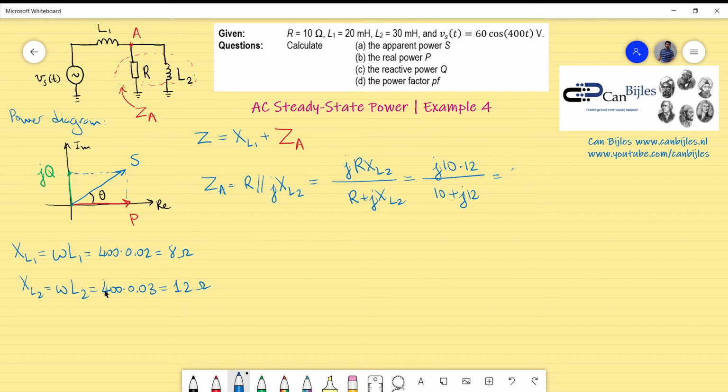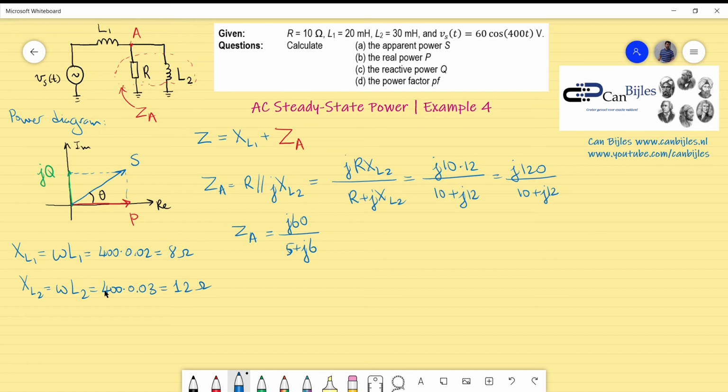It will be j120 divided by 10 plus j12. If I simplify this a little bit, dividing by 2, I will get ZA equal to j60 divided by 5 plus j6. That's the reduced form of this.